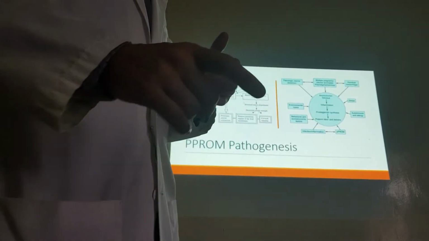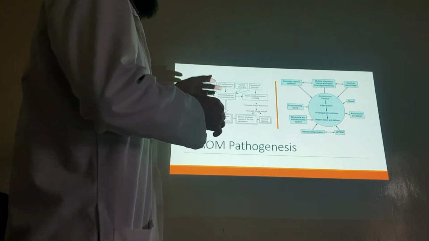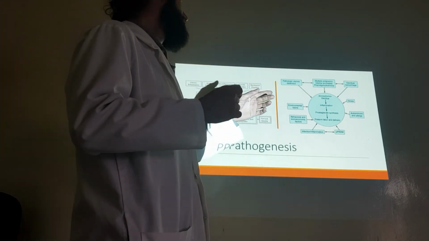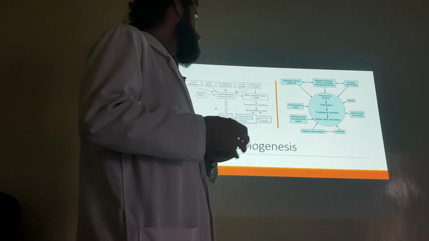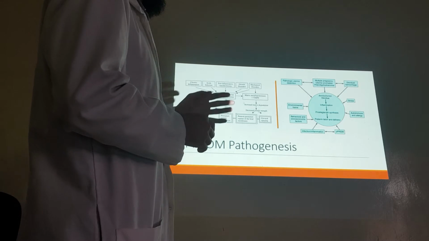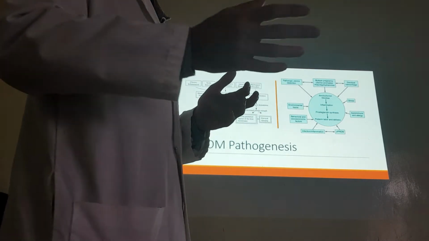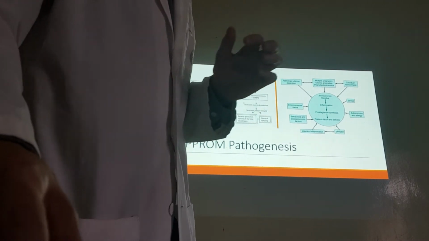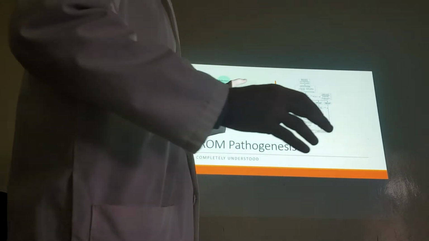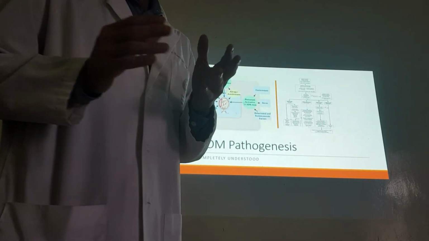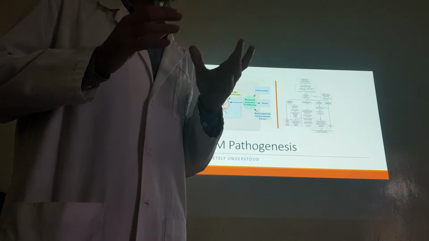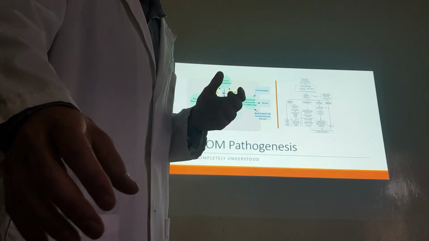Well, there are many schemas, diagrams, or theories about the pathogenesis of PPROM. My idea is not for you to learn exactly all the mechanisms, because we have to know that the pathogenesis is not completely understood, okay?